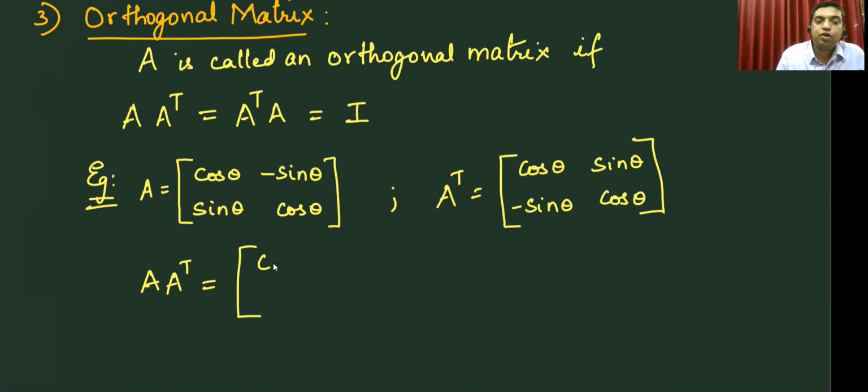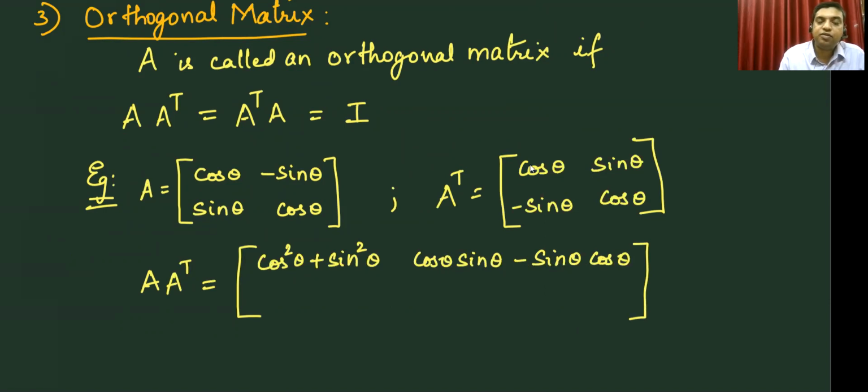You get cos square theta plus sin square theta. Then first row, second column, you get cos theta sin theta minus sin theta cos theta.